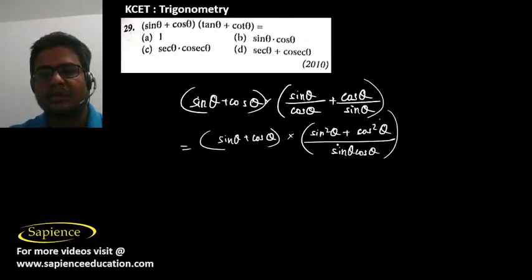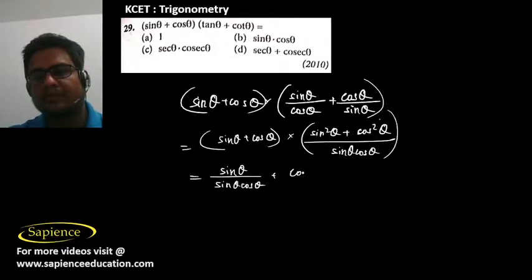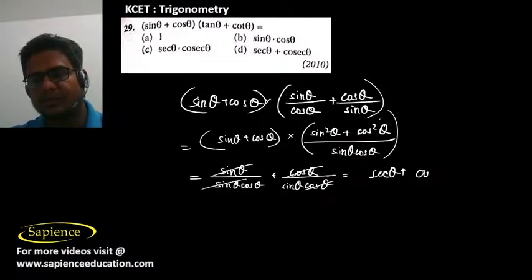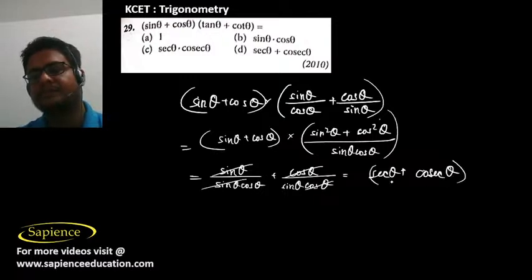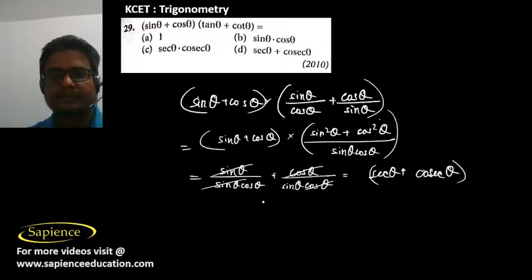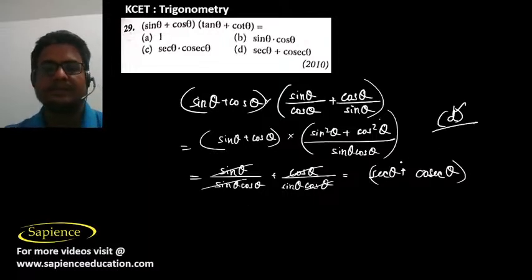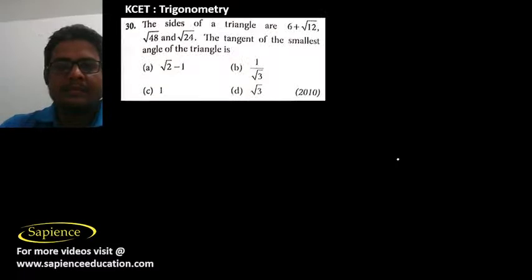So this will be 1. So this will be sine theta by sine theta cos theta plus cos theta by sine theta cos theta. So cos theta will cancel, sine theta will cancel. So 1 by cos theta is sec theta plus 1 by sine theta is cosec theta. So sec theta plus cosec theta. So option D is the correct answer.